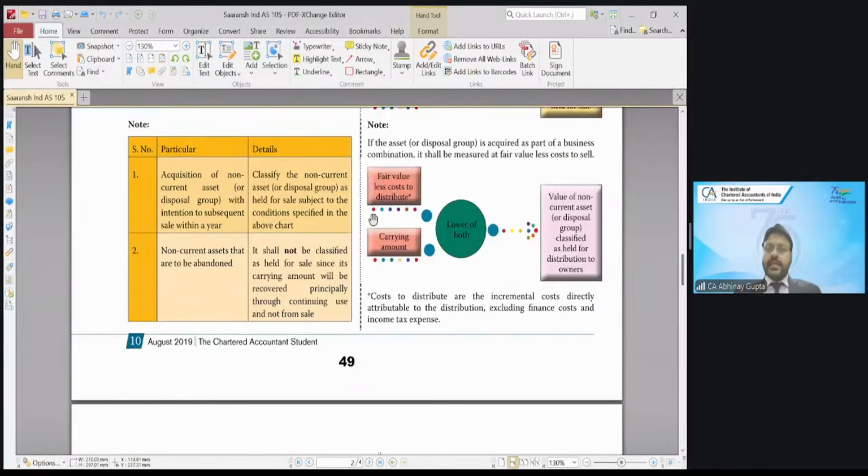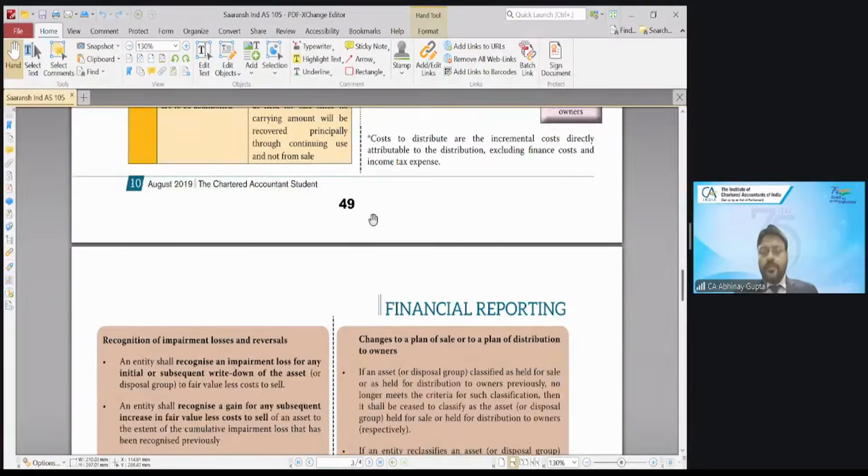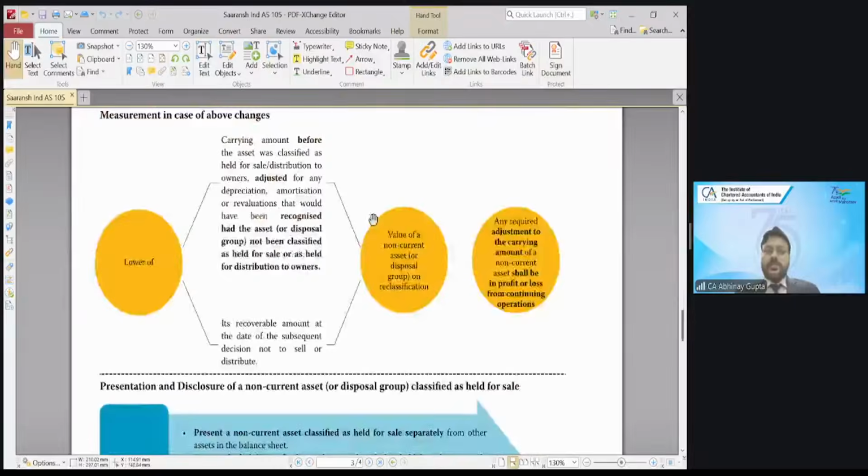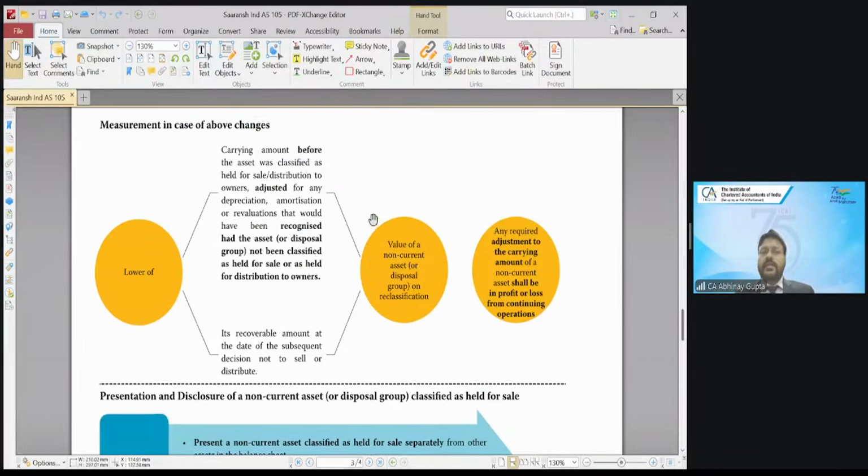So those were the key concepts about Ind AS 105. Now, sometimes it happens that management was sincerely planning to sell these assets, but the sale is not concluded, and now the management is reversing their decision to sell them, and they are changing the classification back to the normal assets like PP&E, right?